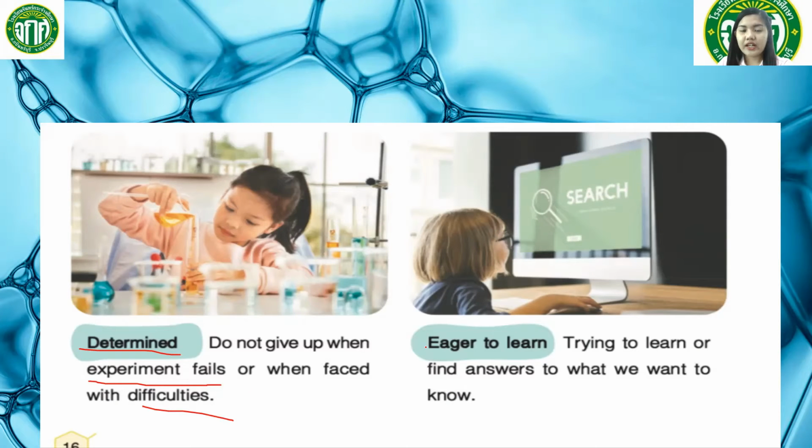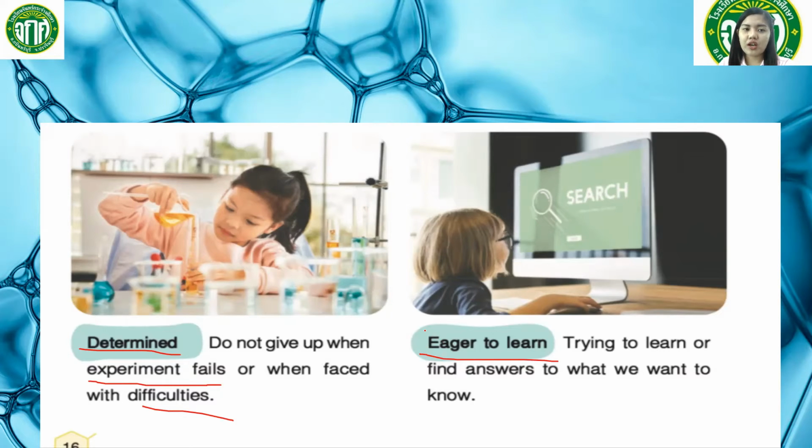Next, we have here eager to learn. Again, eager to learn. Try to learn or find answers to what we want to know. You have to try finding the answers to a question or something that you want to know.